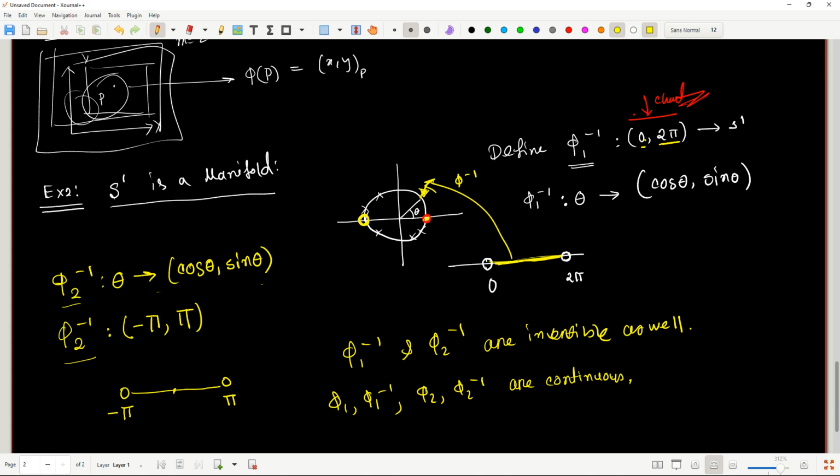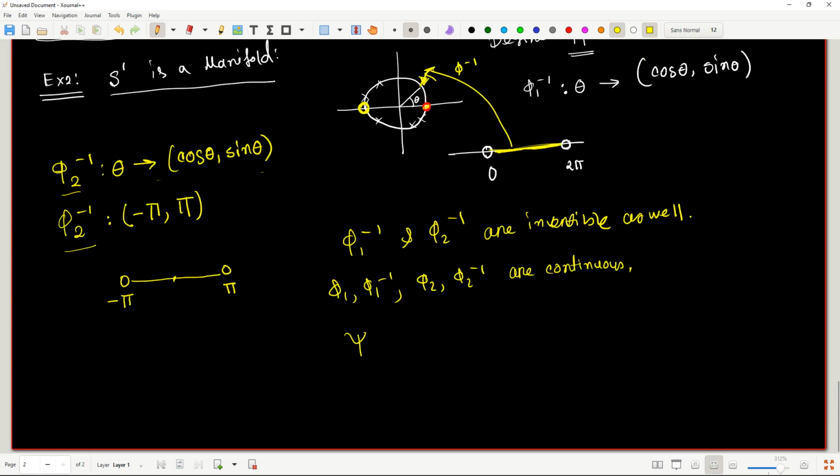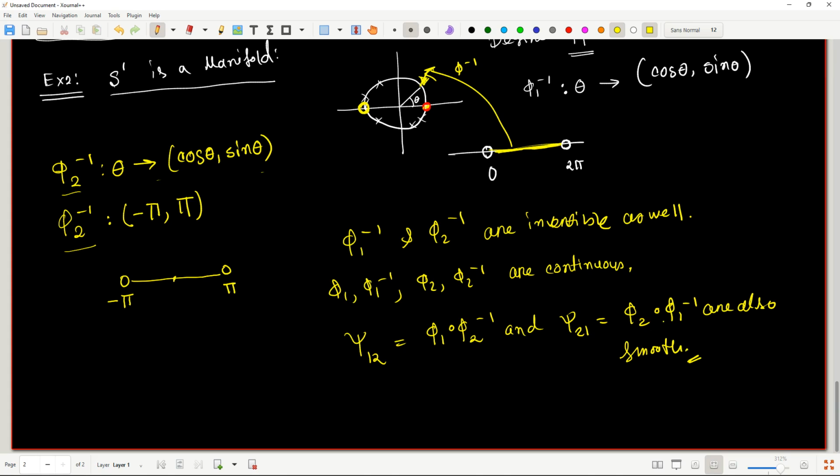These are also your homeomorphisms, and you can also verify that the transition functions, phi 1 composed with phi 2 inverse and phi 2 composed with phi 1 inverse, are also smooth. So it satisfies all the criteria of being a manifold, and hence we call it a manifold. So the circle itself is a manifold.